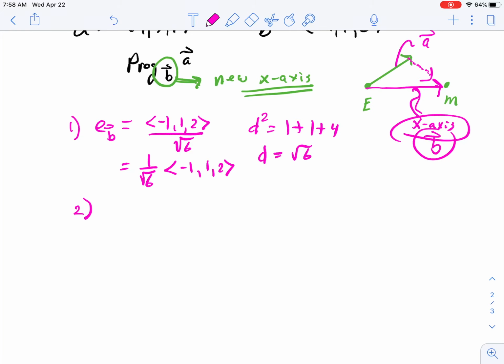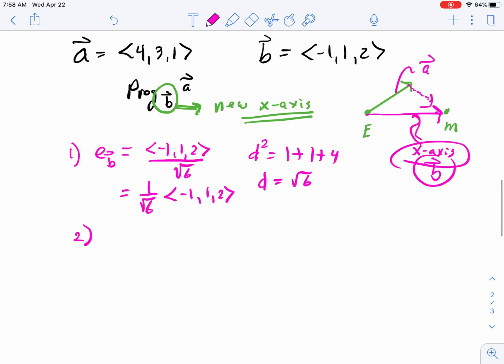Now, step two, I'm going to dot it with A. Okay. So I'm going to take A and dot it with my unit vector B. So now remember, this is going to give me the magnitude of my new vector here, because that's what dot does.